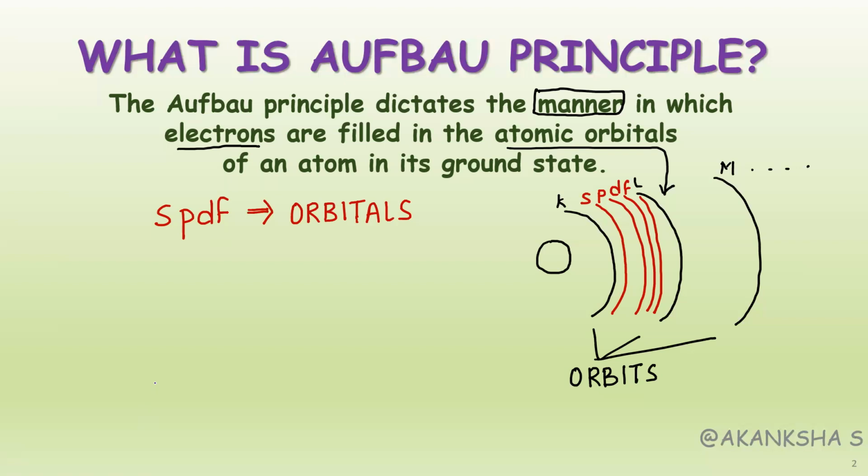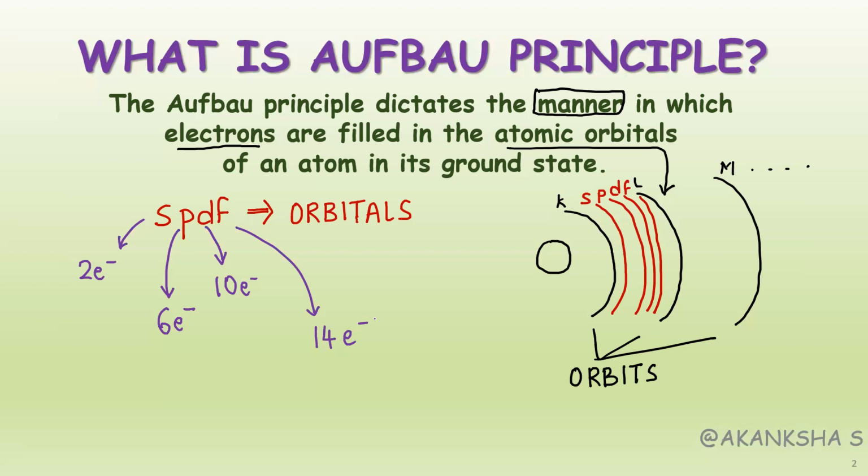Every orbital has a specific number of electrons that it can carry. S orbital can carry only 2 electrons. P orbital can carry a maximum of 6 electrons. D orbital can carry a maximum of 10 electrons, whereas F orbital can carry a maximum of 14 electrons.